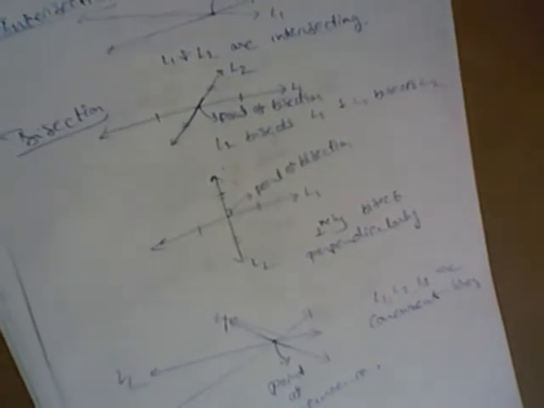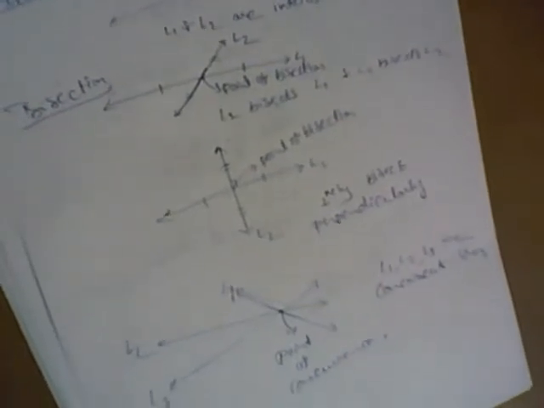So here L1, L2, L3 are concurrent lines. This point is nothing but the point of concurrence. If three lines are passing through a single point, then those lines are called concurrent lines, and that point is nothing but the point of concurrence.